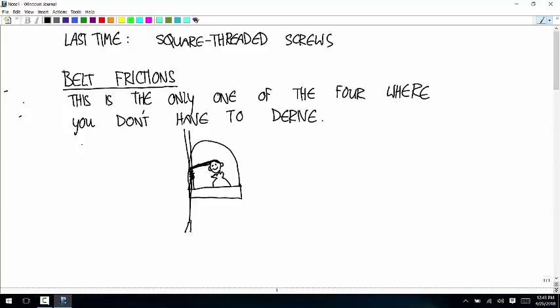And then the prince can, I'm just going to be drawing this prince for the rest of the time. So then the prince can climb up the hair.